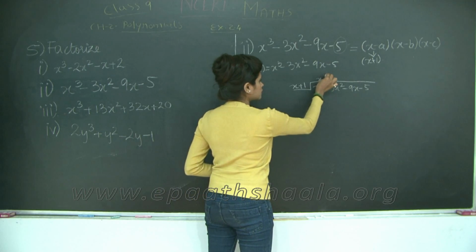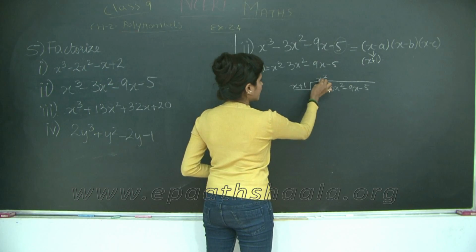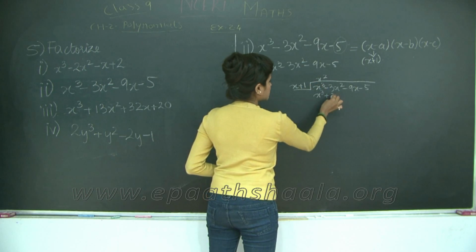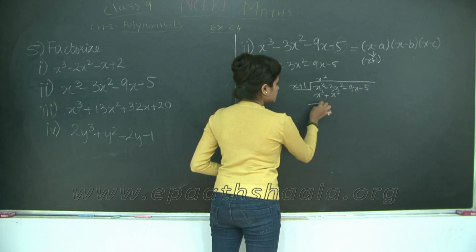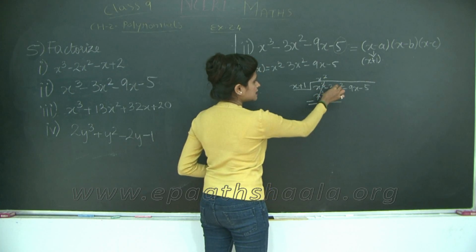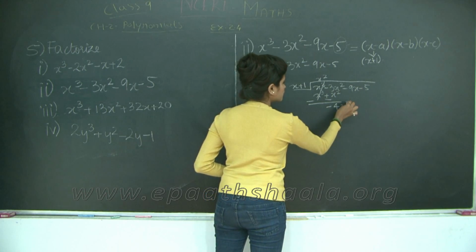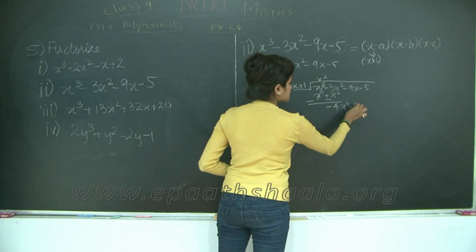X square, right? So x square into x gives me x cube, and x square into 1 gives me x square, right? I'll subtract, these two terms cancel. Minus 3x square minus x square gives me minus 4x square, and I bring down minus 9x.